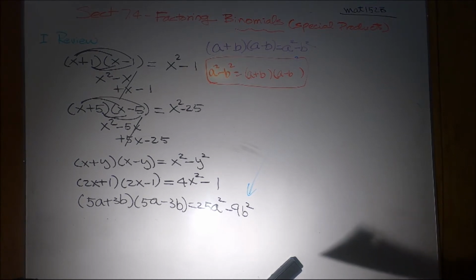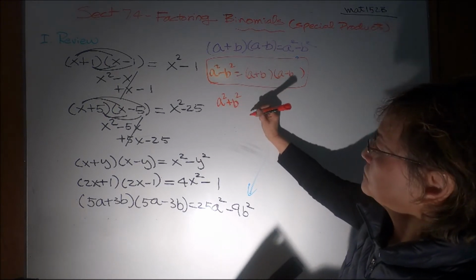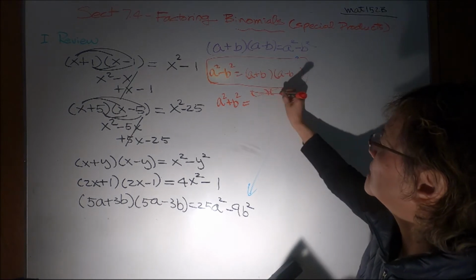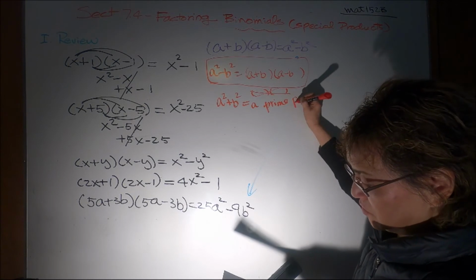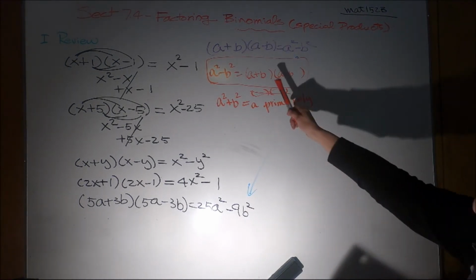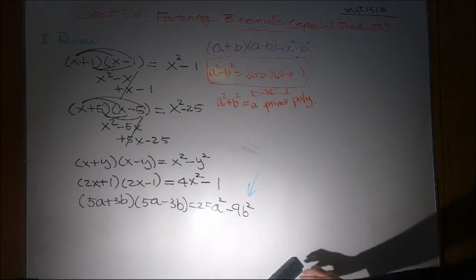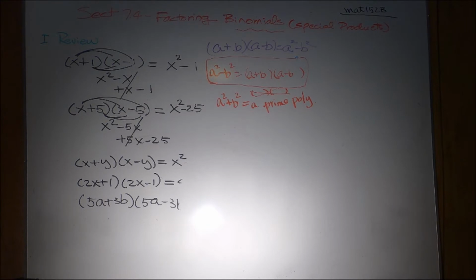And if a squared plus b squared, we cannot break it down into something multiplied by something. It's a prime polynomial. Because if you have two terms times two terms, either you have a trinomial or you have a binomial, right?